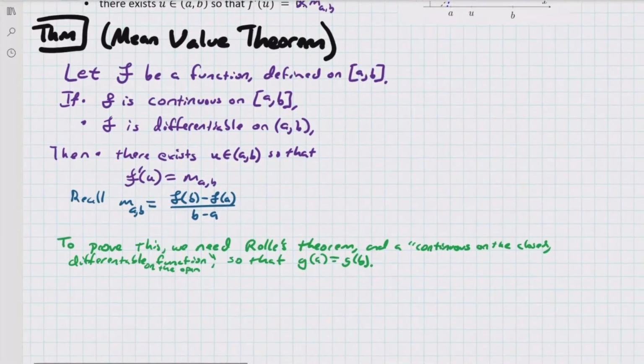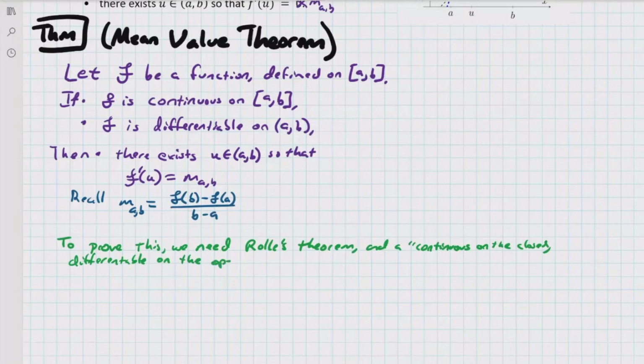So how do we feel, 1 to 5, about what I would need in order to do this with Rolle's theorem? Okay, so that's the trick. I need such a function.